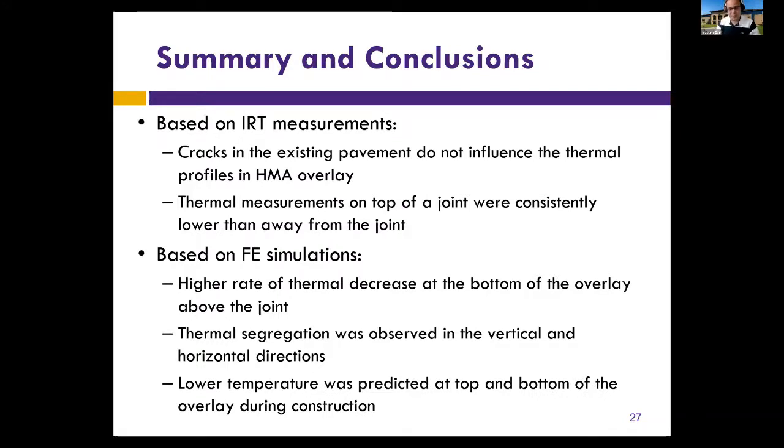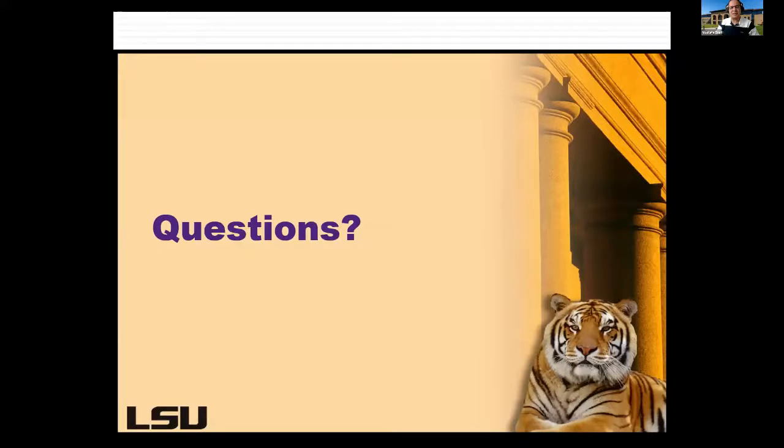And also the third conclusion that we found from the finite element model is that throughout the depth, there is lower temperature at the top and at the bottom. So in the middle of the AC overlay, the loss in temperature is not as significant as at the top and the bottom of the overlay. So with that, I conclude, and I will be happy to answer any questions.